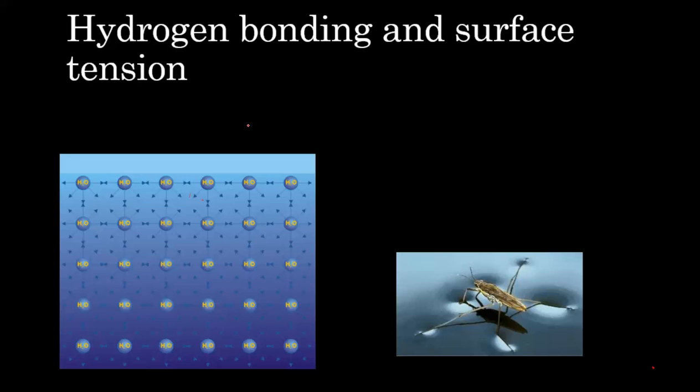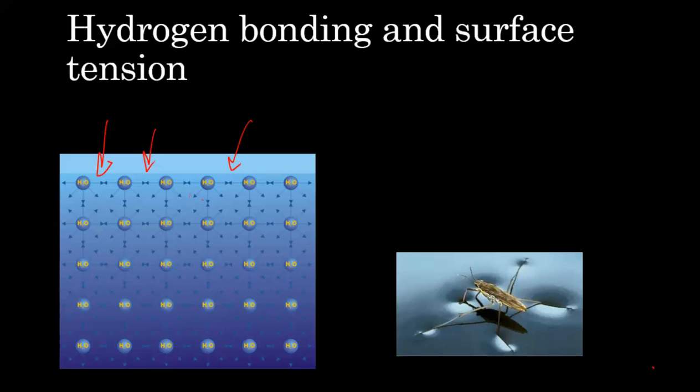So on the surface of the water, like say here and here and here, you're going to see hydrogen bonding, and hydrogen bonding is going to be very important in forming this kind of film that allows that mosquito to sit comfortably on the surface of that water.